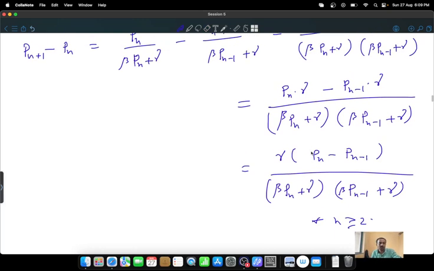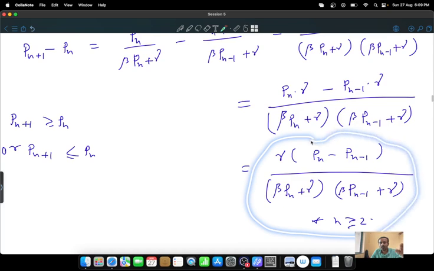Okay, so now if you want to show monotone, either it will be P(n+1) greater than Pn, or P(n+1) is less than Pn. You can say equality also, whatever, but these are the only two possibilities. That means this total term here has to be either positive or negative.